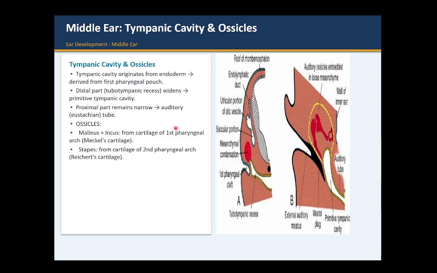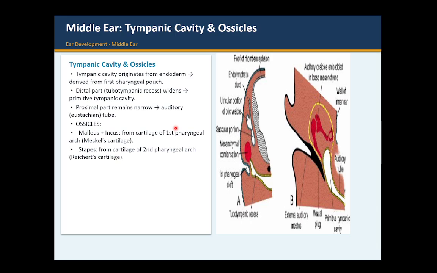So the tubotympanic recess is basically the extension of the first endodermal pouch. The proximal part of it is narrow, giving rise to the eustachian tube. Then the middle part gives rise to the tympanic cavity. And then as it moves backwards, it gives rise to the mastoid antrum.